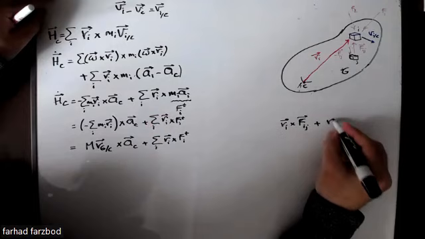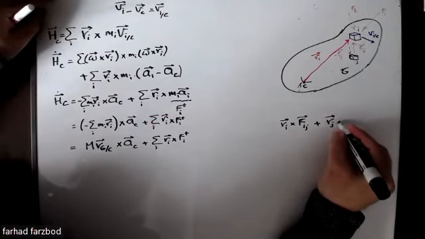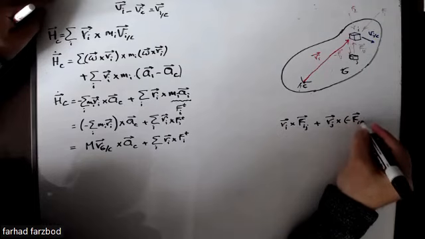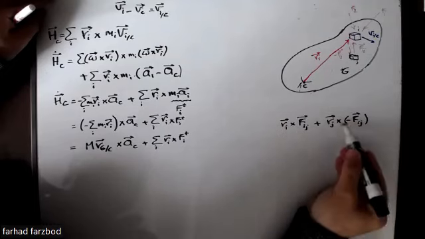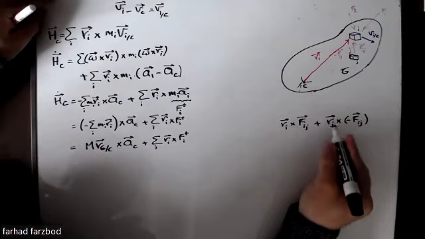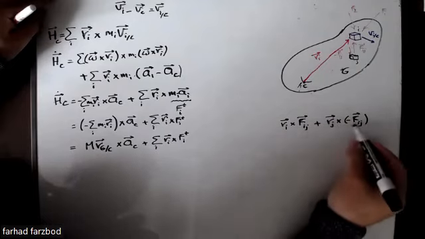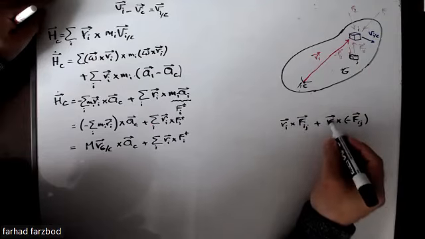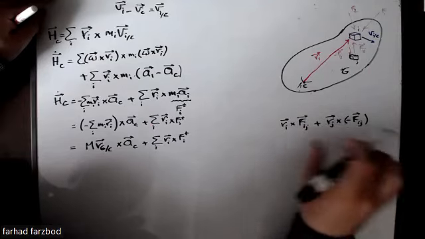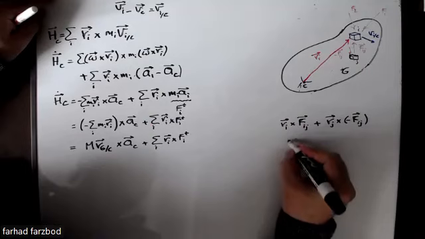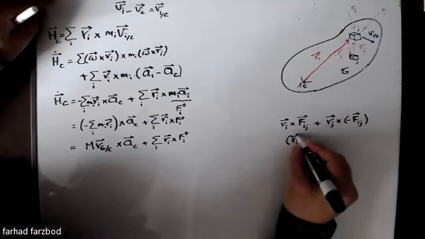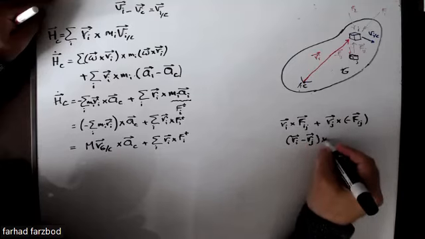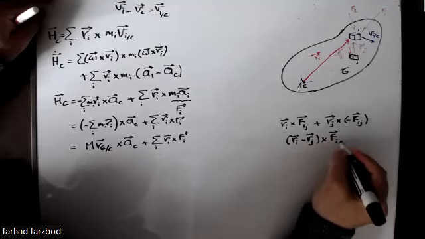Somewhere in the summation, I would have this as well, cross negative Fij, right? And this negative can come out, so it becomes Ri cross Fij minus Rj cross Fij, and I factor out Fij. So I would have Ri minus Rj cross Fij.